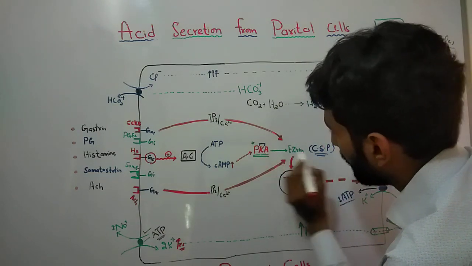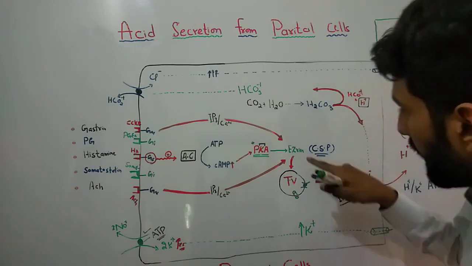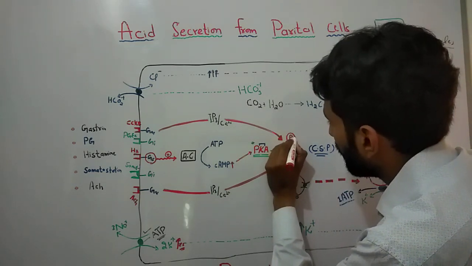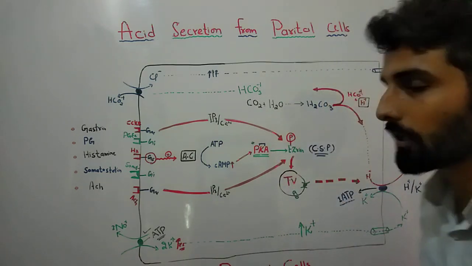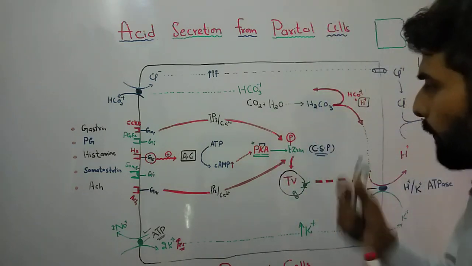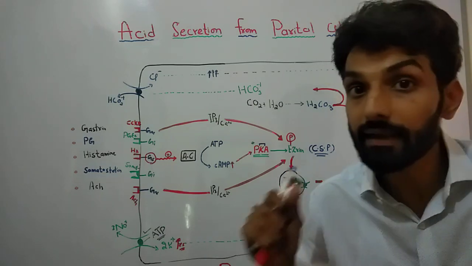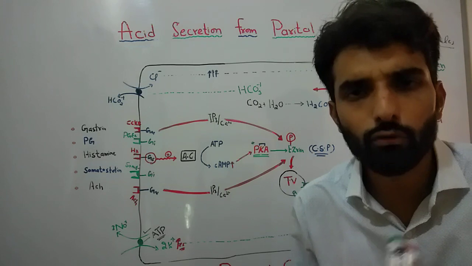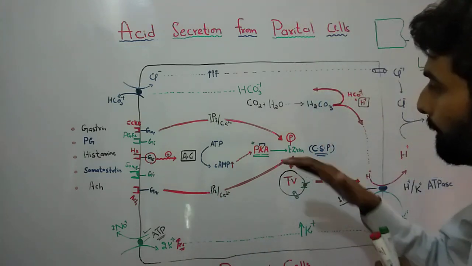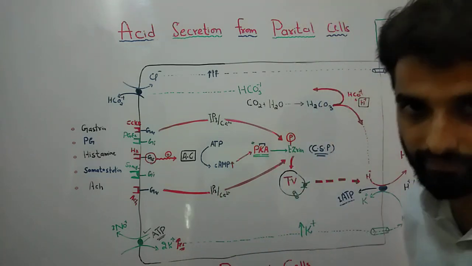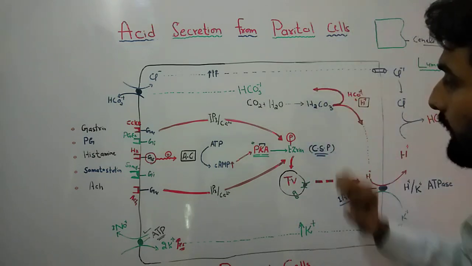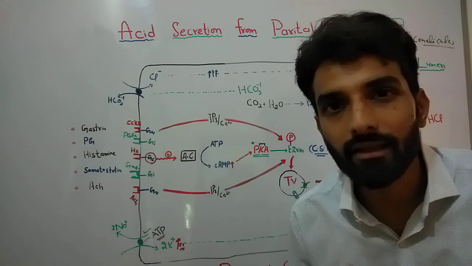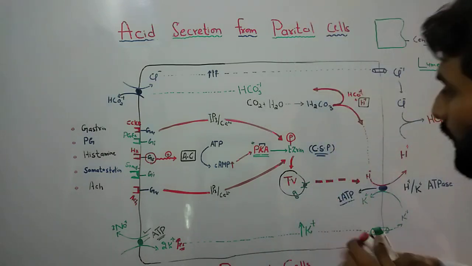So this protein kinase A will activate the gastrin protein just by attaching a phosphate group. I am taking it as an example; it is a member of the cytoskeleton proteins. There are some other proteins that will also be activated by protein kinase A. And when these cytoskeleton proteins get activated, you know what is going to happen?